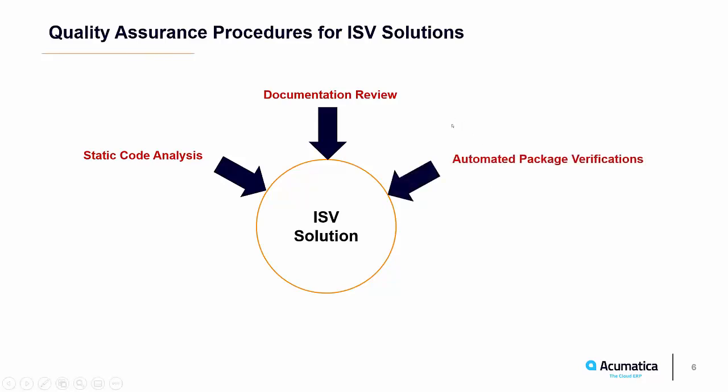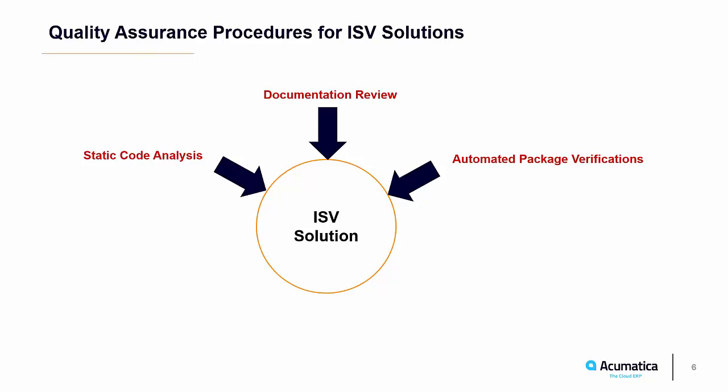The next step in that process is automated package verification. Starting from Acumatica ERP 2019 R1, we have validations built into the product. On the customization project screen, you have a button that you can click to validate the project, and the tool will validate database mapping for your customization project.